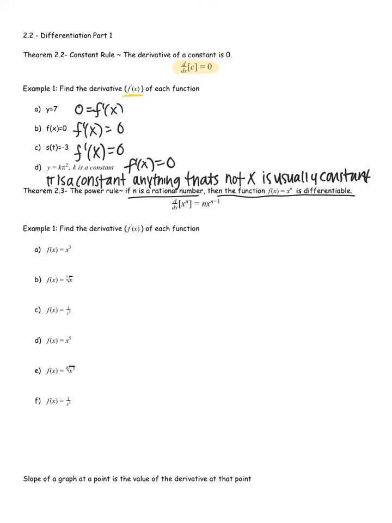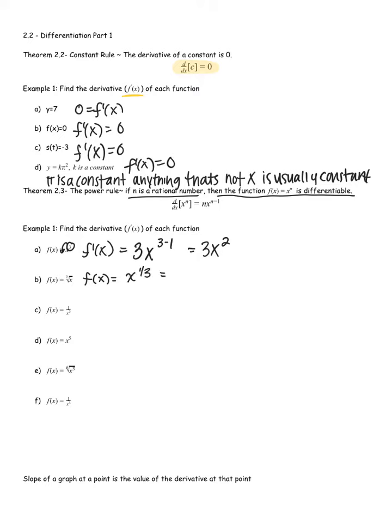So for this first one, f prime of x equals, we take the power and move it to the front, and then we subtract our exponent, so our answer is 3x squared. Okay, b is a little different because we need to change it first. Change it to x to the 1/3.